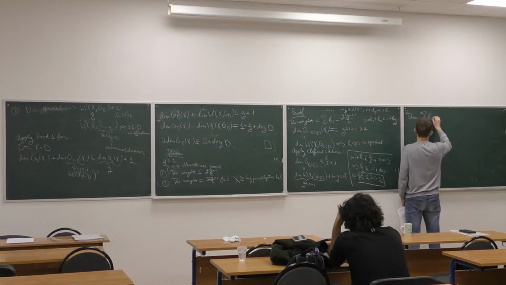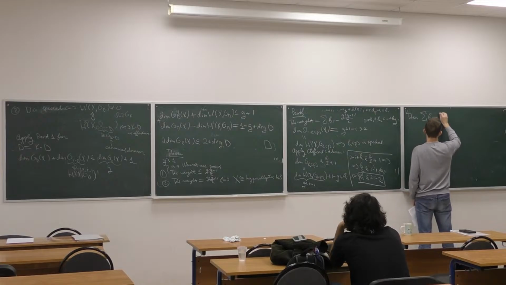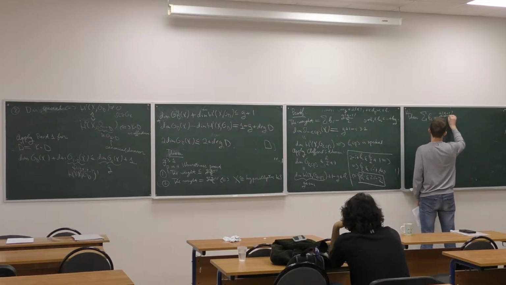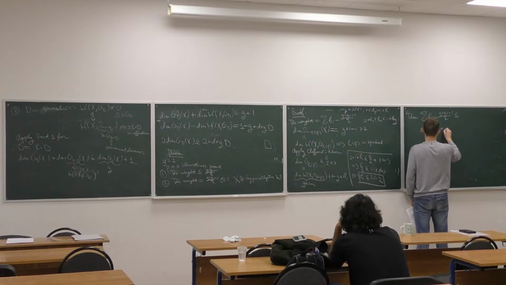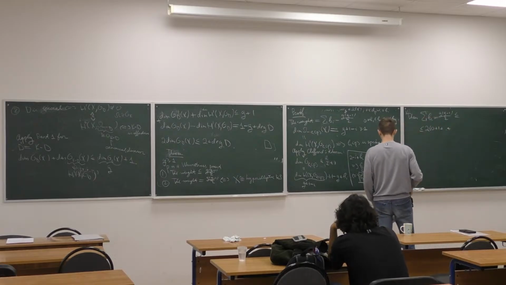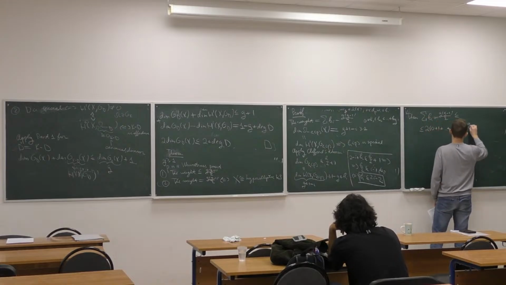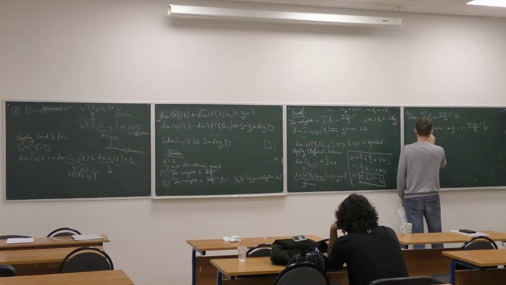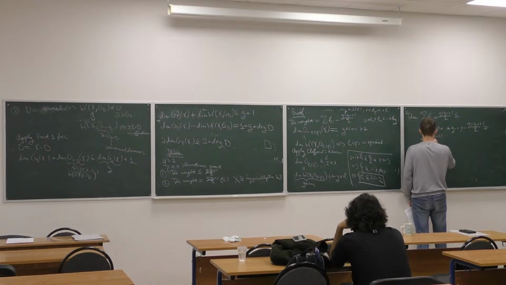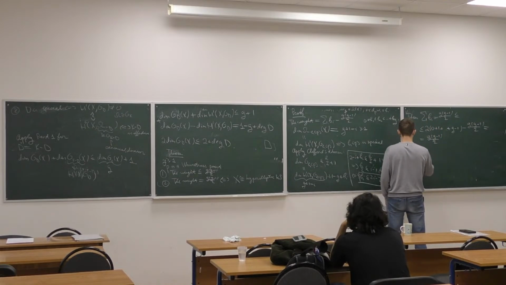The sum of b_i's minus g times (g minus 1) over 2 is less or equal than, according to this bound, exactly g over 2. So part 1 is proved.